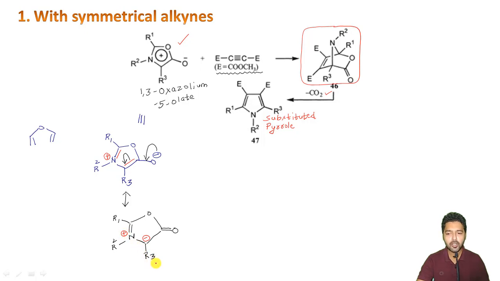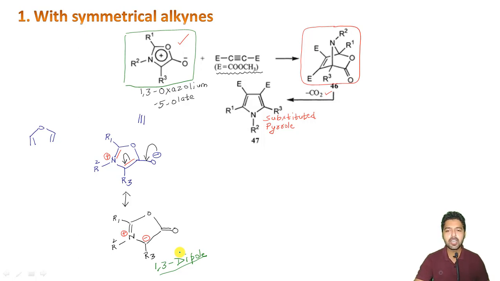Okay, and now what I have got here, let me write here, this is my 1,3 dipole molecule. So I have just represented this structure, that is my 1,3 oxazolium 5-olate mesoionic, into this kind of equivalent resonating structure representing my 1,3 dipole.